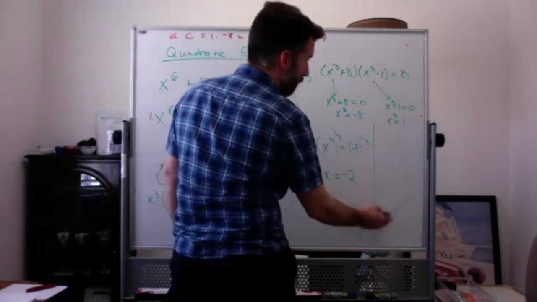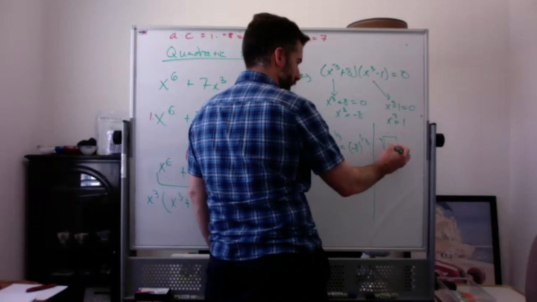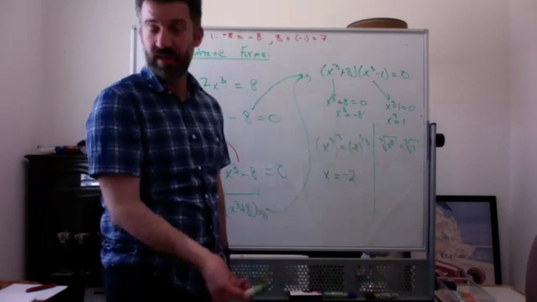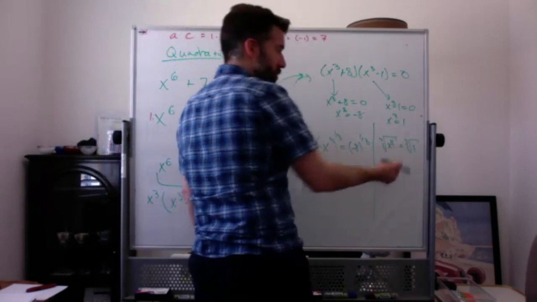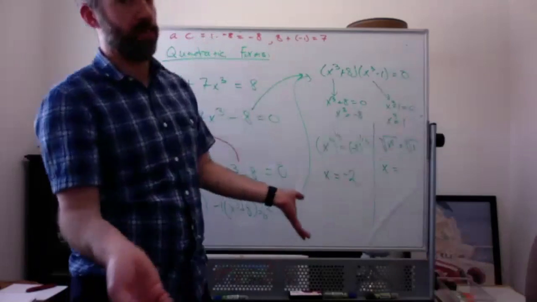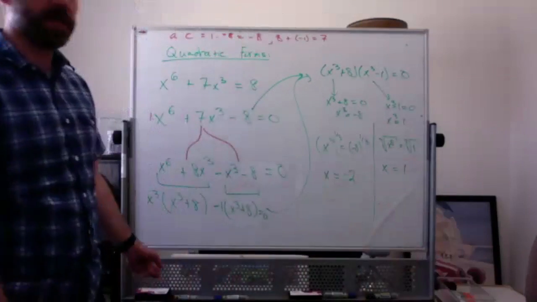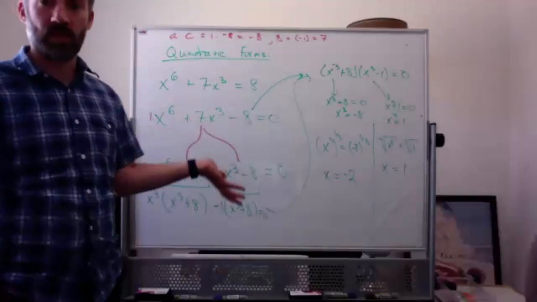Same deal over here. x to the 3rd equals 1. The cube root of x cubed equals the cube root of 1. I'm really writing the same thing, just different notation. Cube root of x cubed is x. The cube root of 1, or any root or any power of 1, is also equal to 1. So those are my solutions. x equals negative 2 and x equals 1. And these are the only real solutions to this equation.